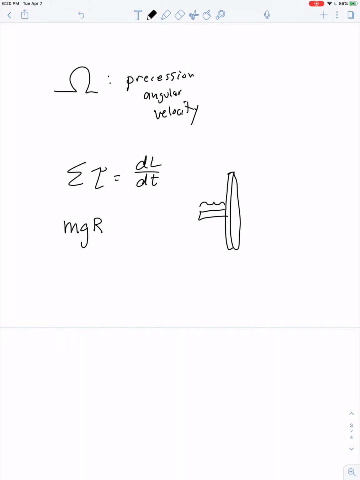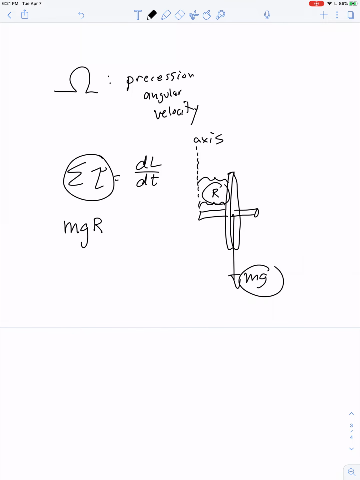If we say the handle on the bike wheel has a length of r, and the force of gravity is a torque-producing force about this axis of rotation, then that net torque is the product of mg, the lever arm, and then the sine of 90 degrees. And so that's equal to dL/dt.